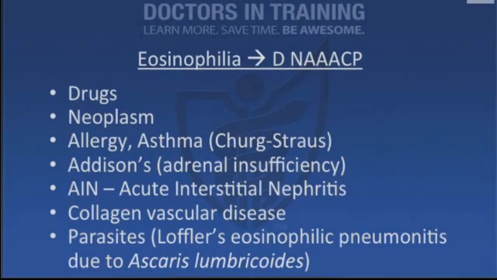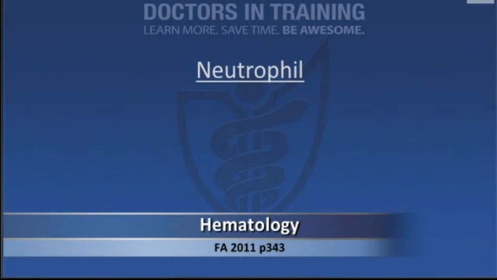AIN, acute interstitial nephritis, we talked about in the renal section, collagen vascular diseases, and parasites like Ascaris lumbricoides, which causes Loeffler's eosinophilic pneumonitis. So for the purposes of Step 1, that's your differential for eosinophilia, and it's a decent mnemonic to know clinically.